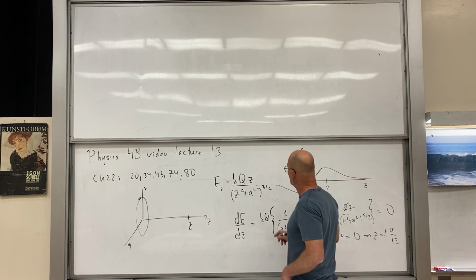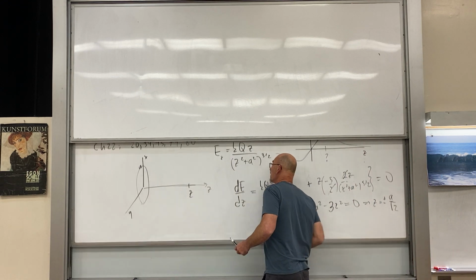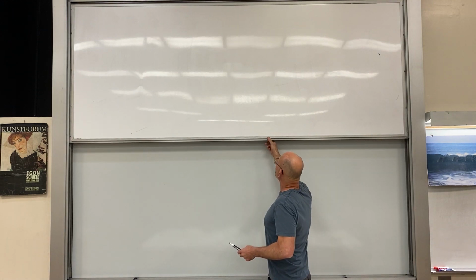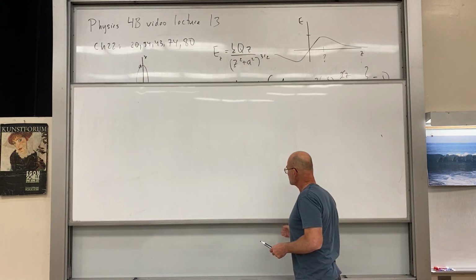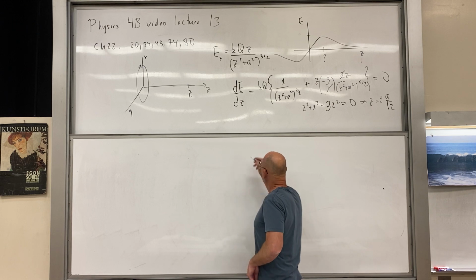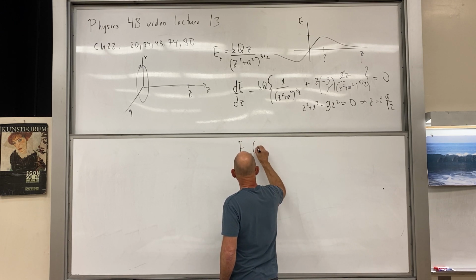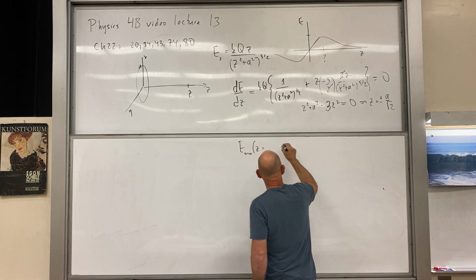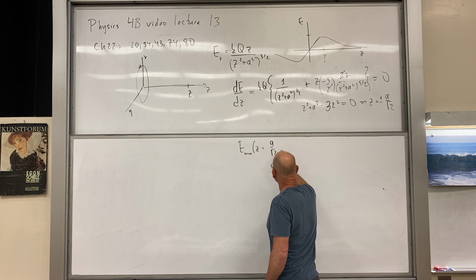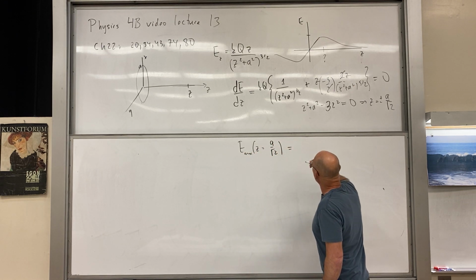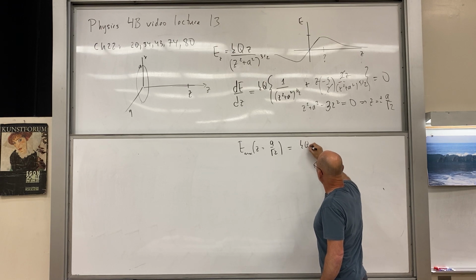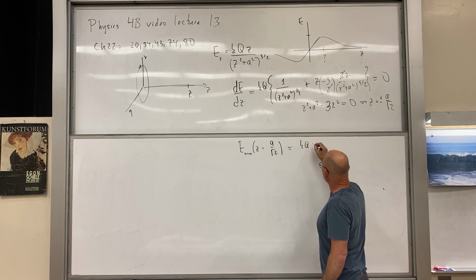So we want to do that. So E maximum, the value when z equals a over the square root of 2. And then we're back to kQ. Now we plug in a over root 2.